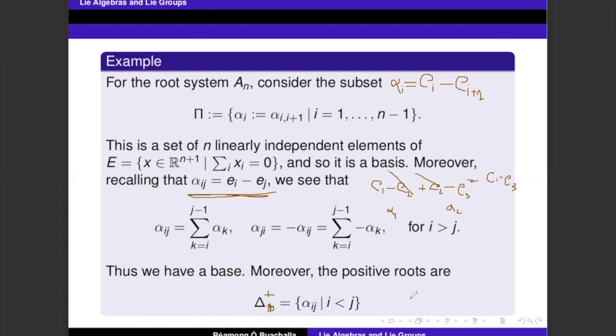So the theorem of root systems seems kind of abstract, but with these examples, you see that it's actually very elementary linear algebra.